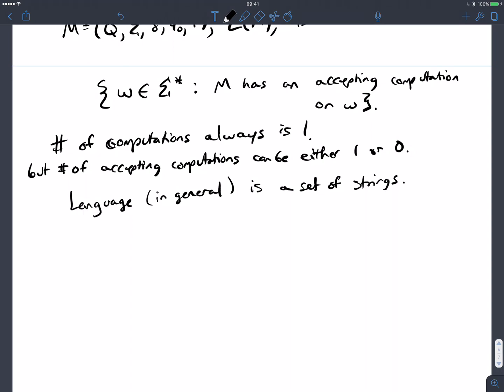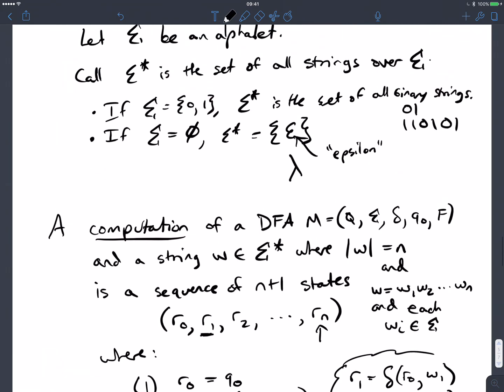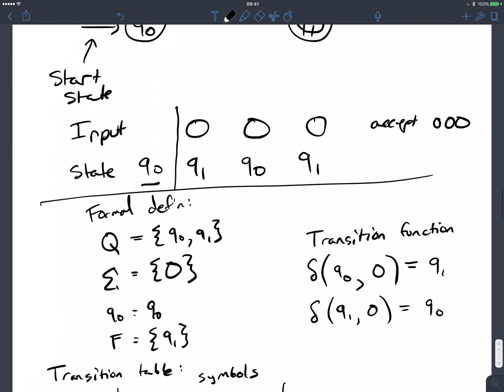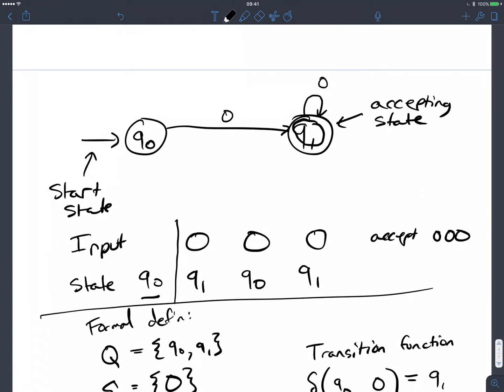Yeah, in case it was all of sigma star, where sigma is non-empty, like in that last example way over here, we accept every string that's not the empty string, and there are infinitely many other strings, so the language of this machine is infinite. But it could very well be finite. Okay?